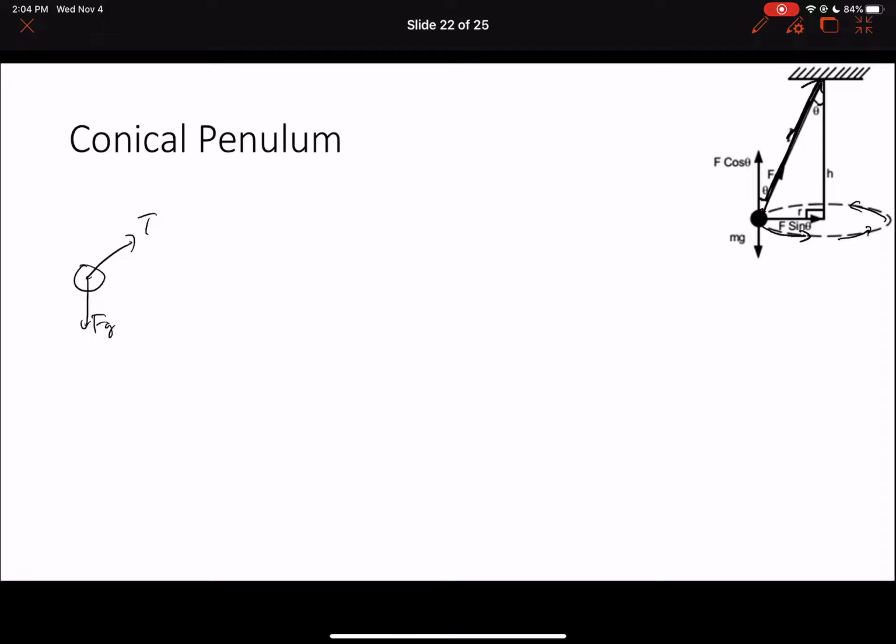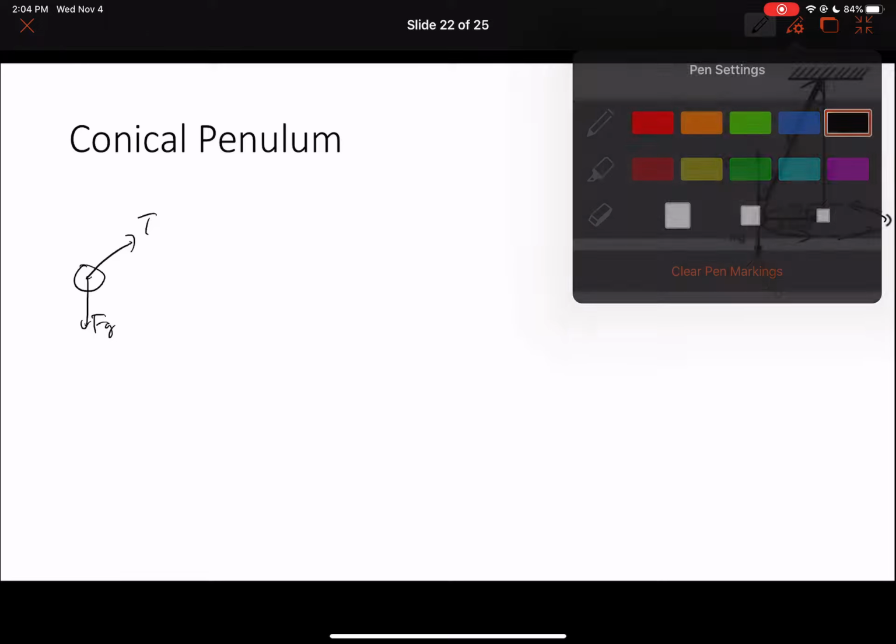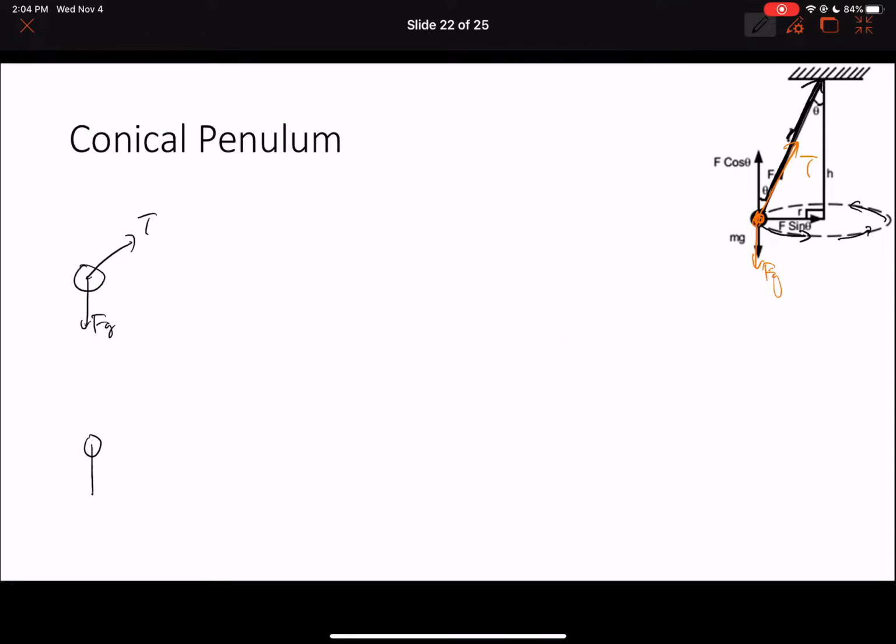Gravity is down and tension is at an angle. Look here, I'll draw it over here on the picture. We have gravity down and we have tension at an angle. Therefore, we're going to split up the components just like last time, where we have tension cosine theta and tension sine theta. Now, what is theta?